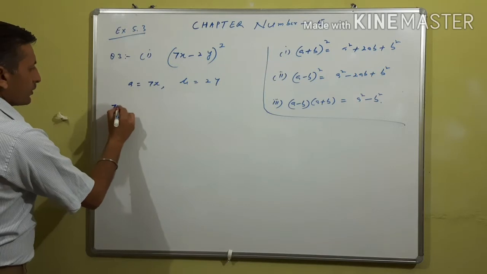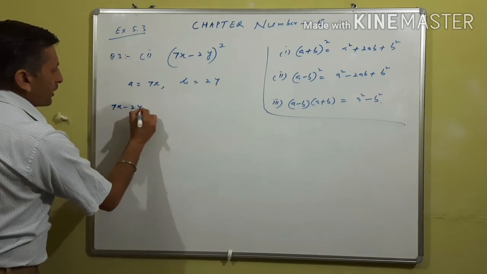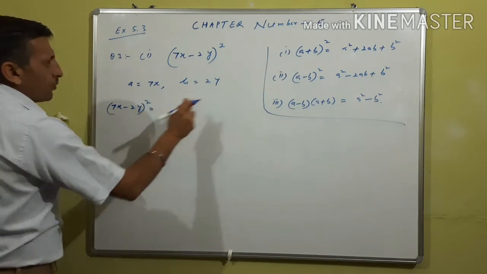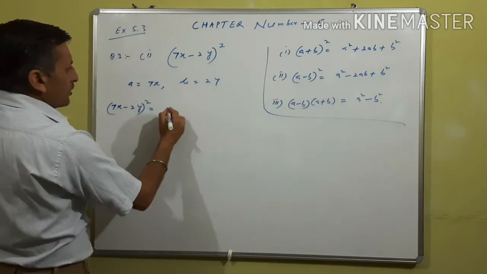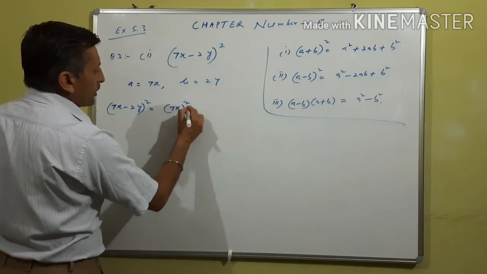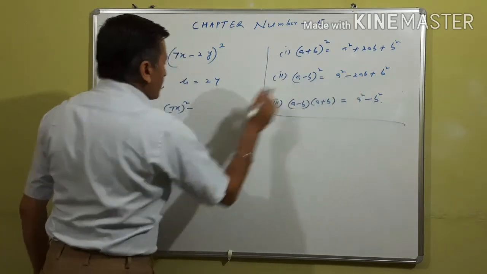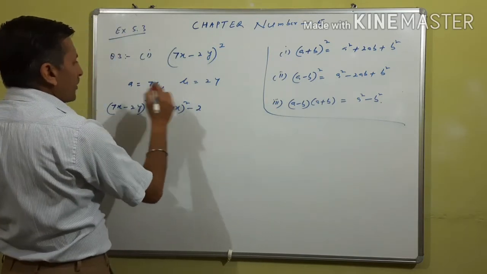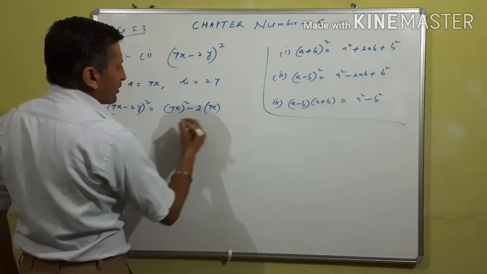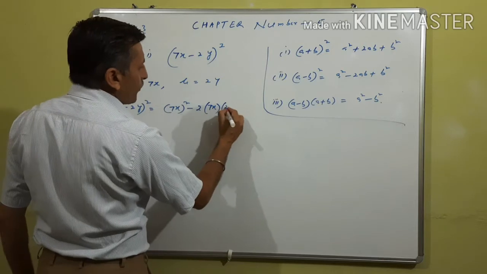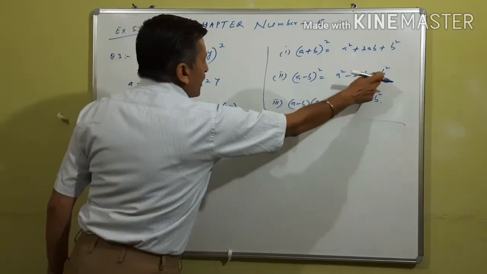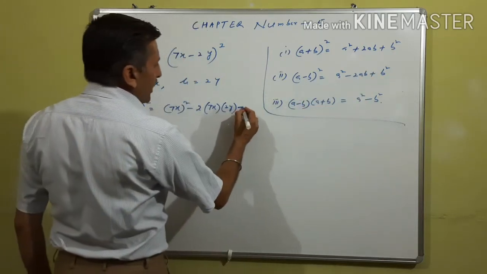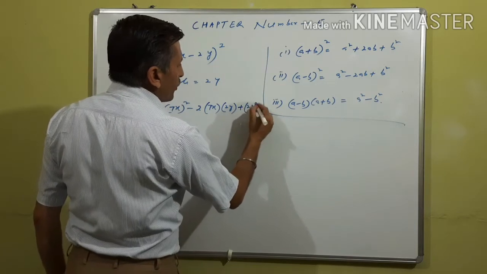So (7x minus 2y) whole square is equal to a square, that means (7x) whole square, minus 2ab, minus 2 as it is, a that is your 7x, b that is your 2y, plus b square, that means plus (2y) whole square.